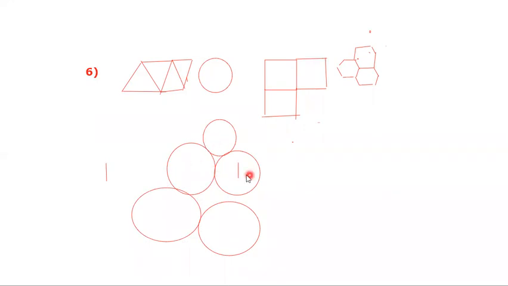This is a circle, this is a circle, this is a circle, but notice this space. A little bit of space is left in between. Isn't it so? So, the answer will be the circle. You will have to put a cross on the circle.